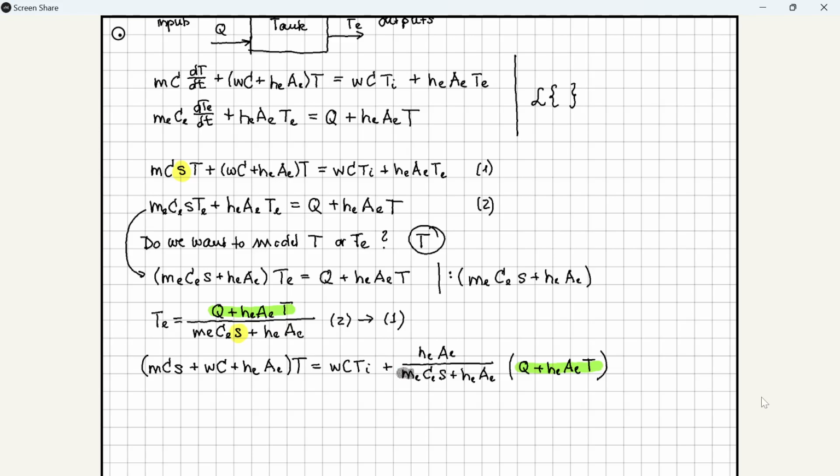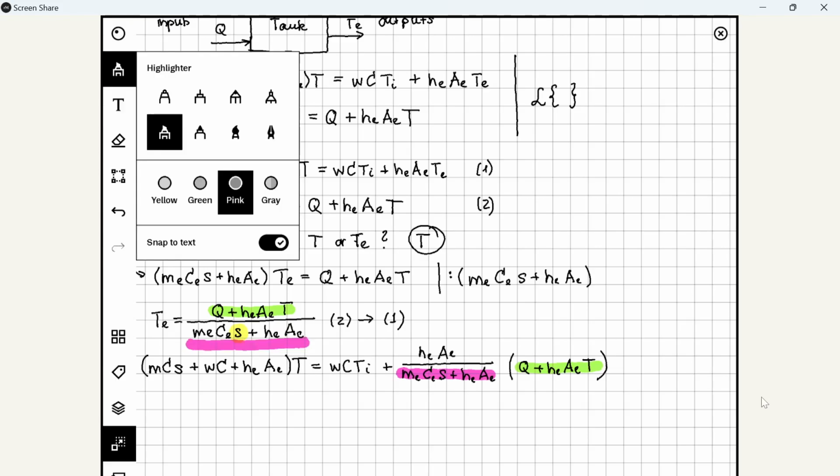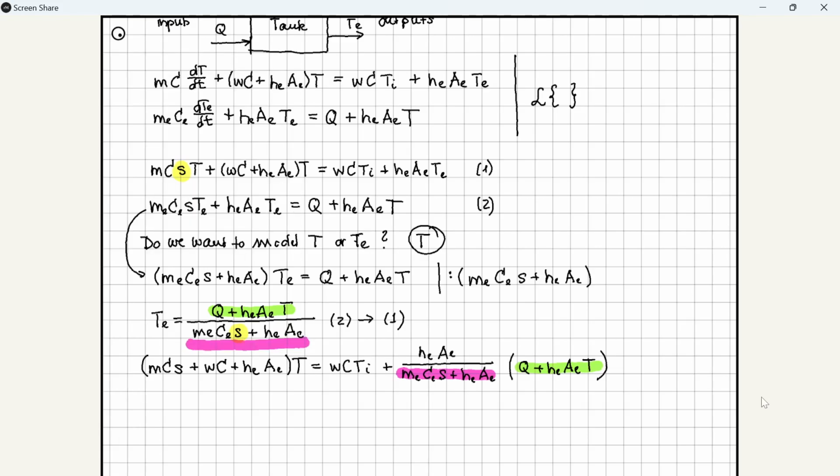And then this guy here comes from the denominator. And then we have this here. This factor comes from up here. Okay, so we stuck this one up here in there.